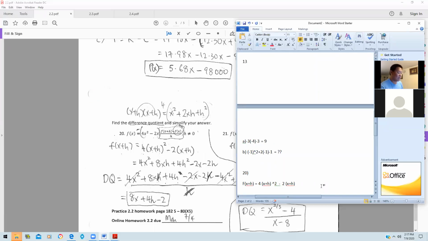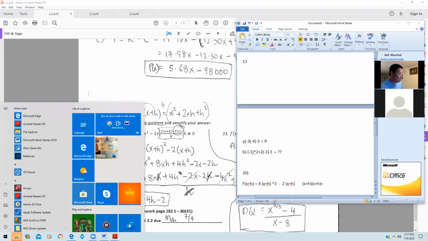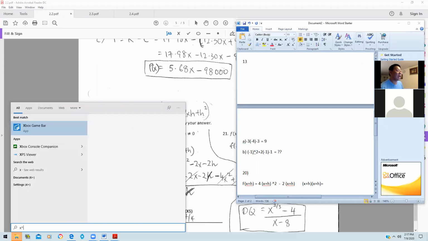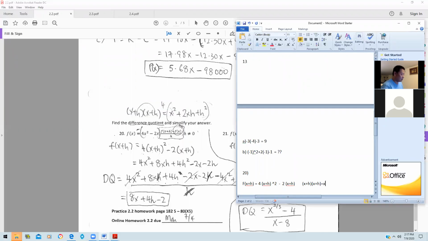And then what you need to do next is you have to FOIL x plus h, which is the same thing as x plus h squared. So make sure you guys know how to FOIL this out. So when you FOIL, you will get x squared plus 2xh plus h squared. So when you FOIL this, you will find out that you got 2xh and then x squared, h squared.